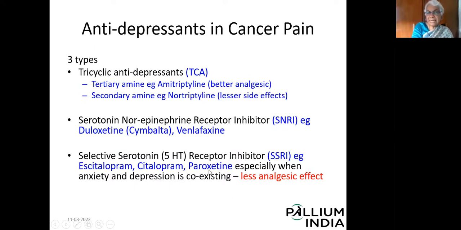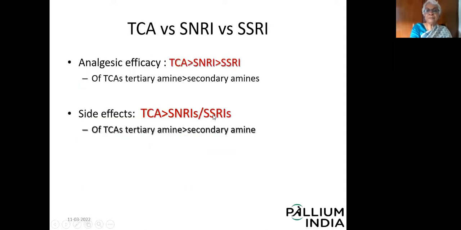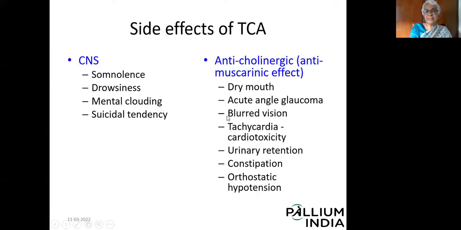But SSRIs have less analgesic effect as compared to the TCA or the SNRI. If you look at the analgesic effect, then TCA is more potent than SNRI, which is more potent than SSRI. But if you look at the side effects, the TCA has more side effects as compared to the SNRI and SSRI.